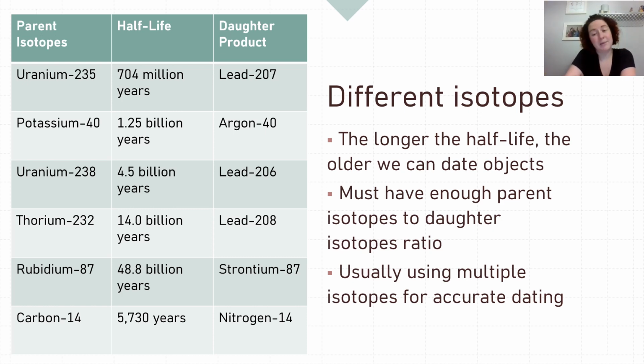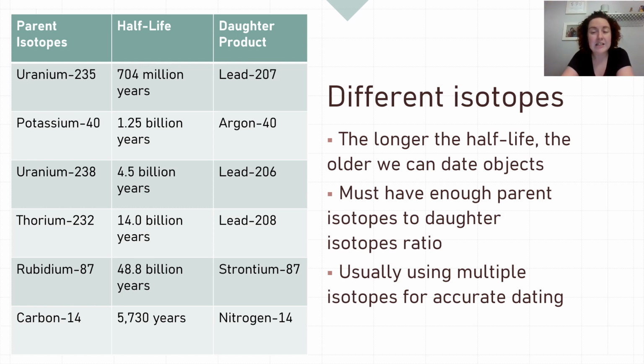So we look at things like potassium-40 because it takes 1.25 billion years for it to decay into argon-40. But then we go all the way down from uranium-238, which is just 3 more neutrons than uranium-235, all the way down to rubidium-87, because it takes 48.8 billion years to decay down into strontium-87.